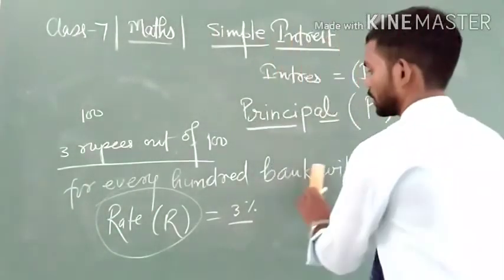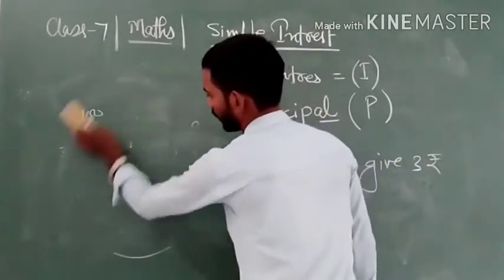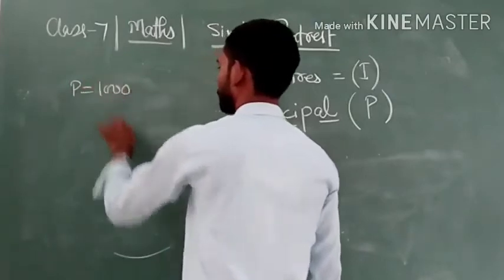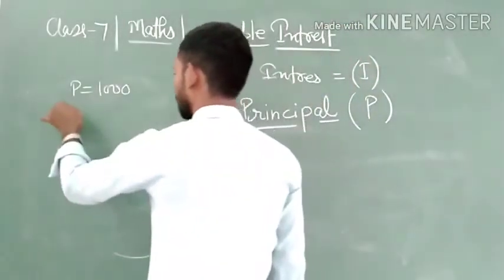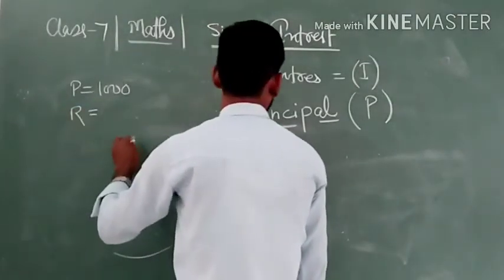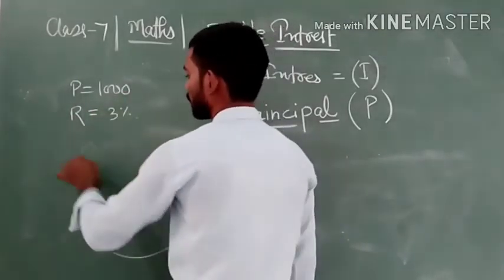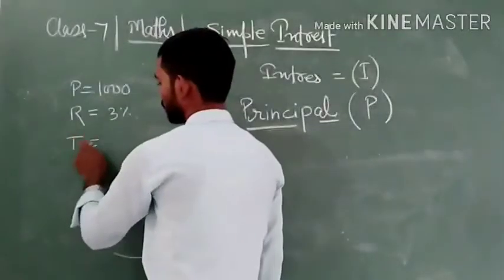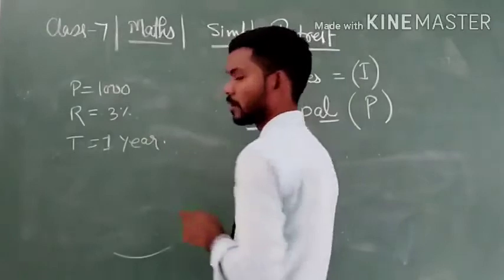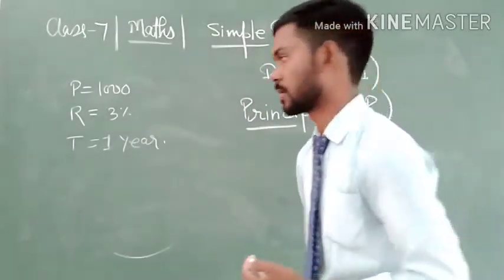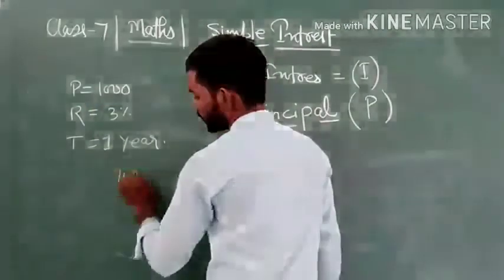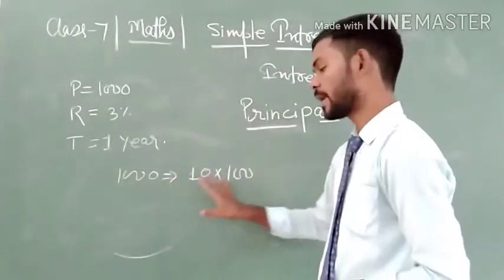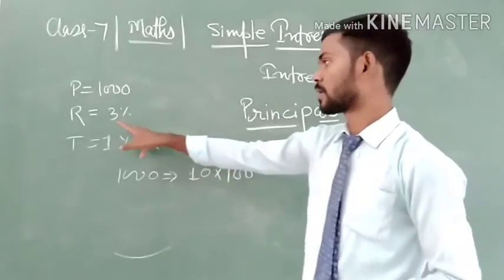Suppose I deposited 1000 rupees in the bank for 1 year. Here the principal is 1000, and the rate is 3%. If I ask what will be my interest after 1 year, then 1000 means 10 times 100.